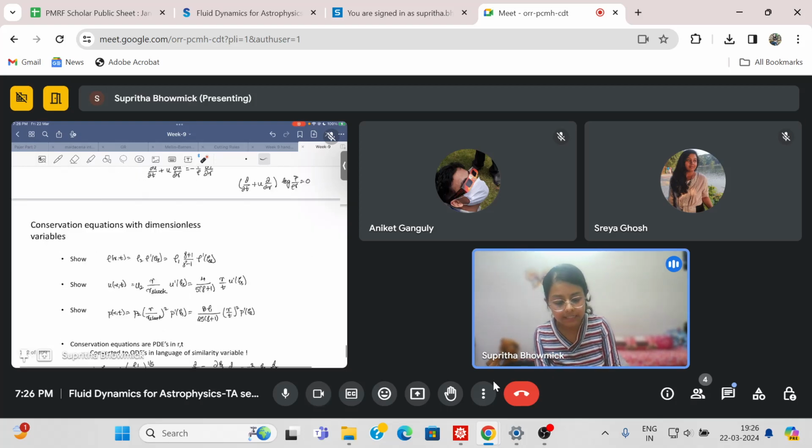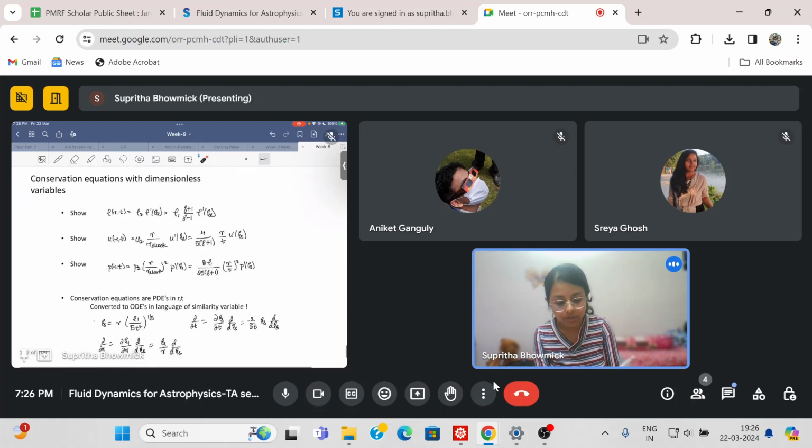But in the language of zeta, if you look at what the partial time derivative is in terms of zeta, you can use the chain rule and see that ∂ζ/∂t times d/dζ is ∂/∂t, and ∂ζ/∂t is nothing but minus 2 by 5t zeta times d/dζ.